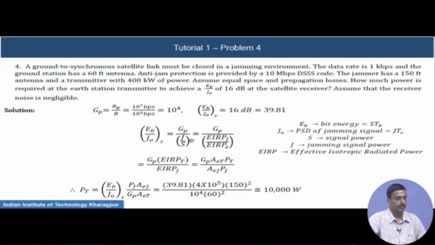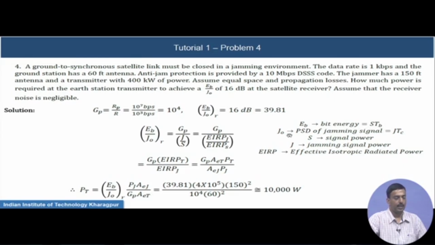So as you can see, processing gain is Eb/J0 at the receiver multiplied by J/S. In fact, I have just elaborated Eb, that is the bit energy, in terms of signal power and bit duration.